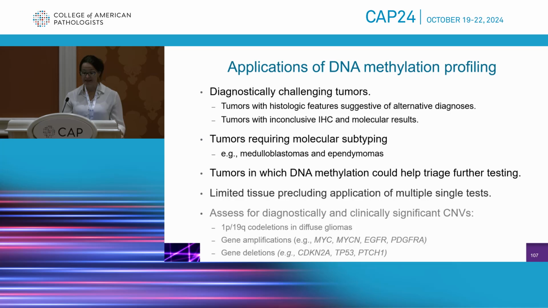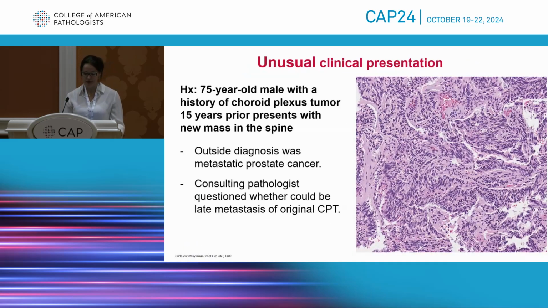And in some cases, DNA methylation profiling can also help triage further testing and can be helpful in tumors that don't have a lot of tissue, where you can get one answer instead of having to do multiple tests as well.